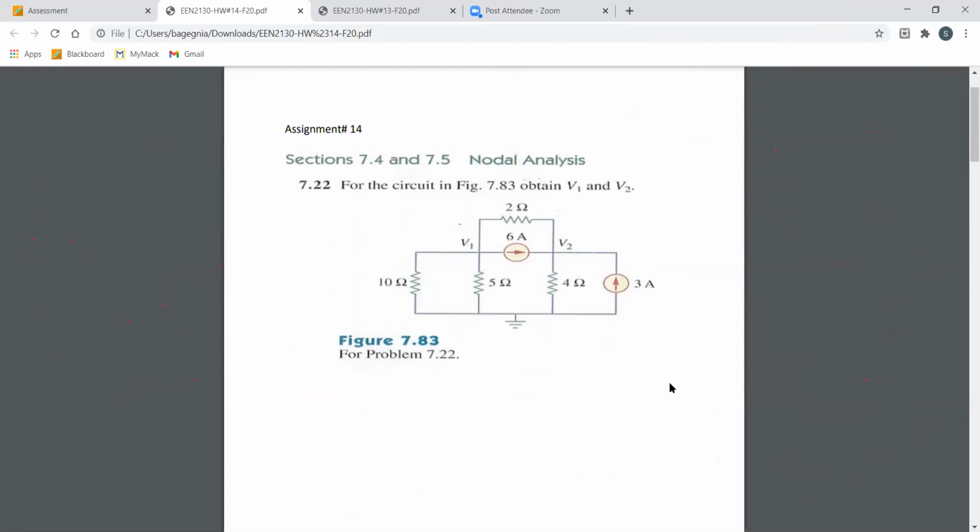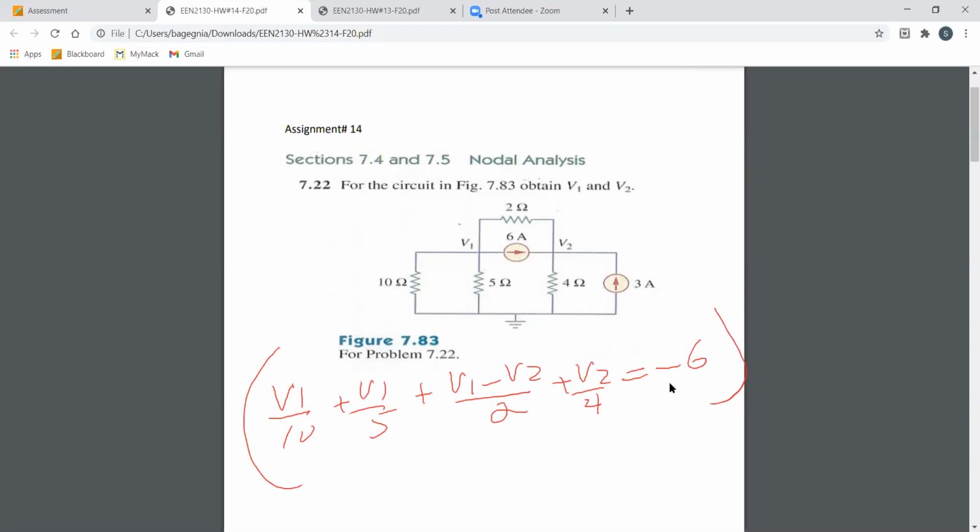Okay, so again, the first equation will be V1 over 10 plus V1 over 5 plus V1 minus V2 over 2 plus V2 over 4 equal to minus 6.